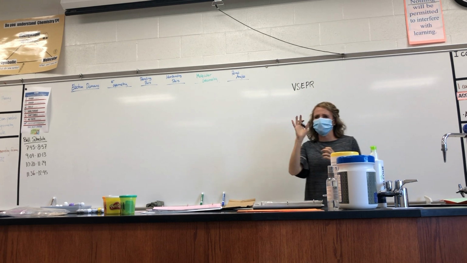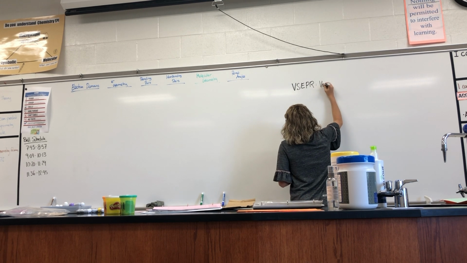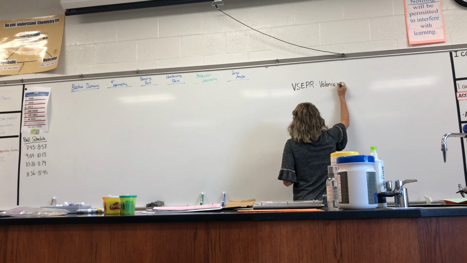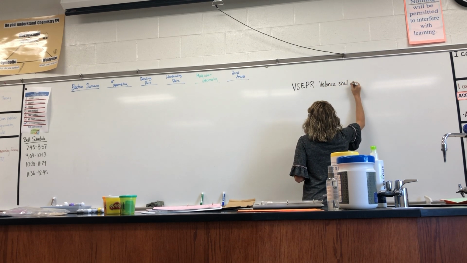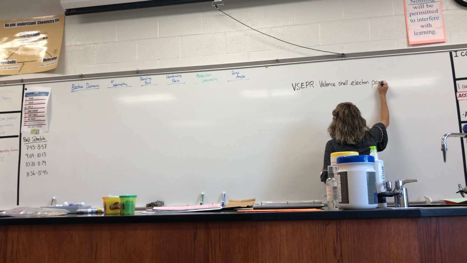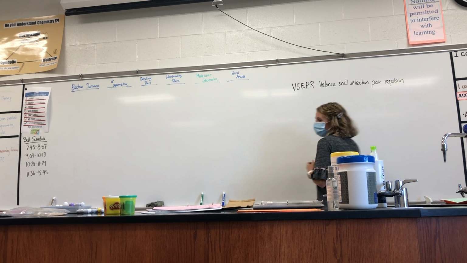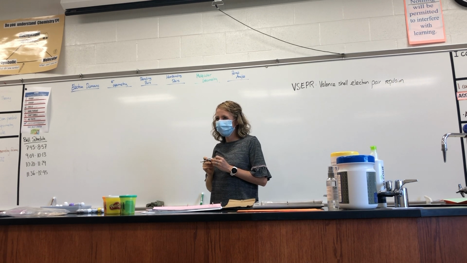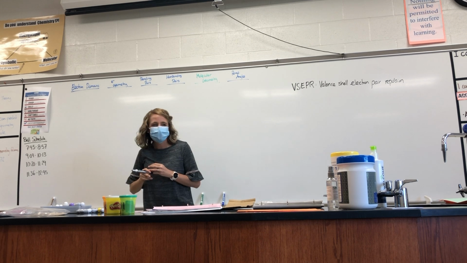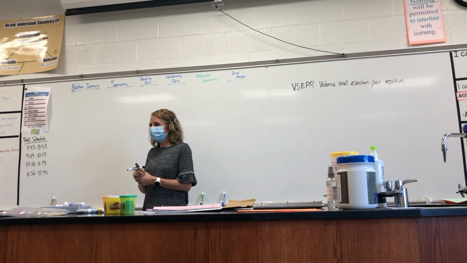This is already in your notes, so you don't need to write this down. But what VSEPR stands for is valence shell electron pair repulsion. The idea of VSEPR is this.